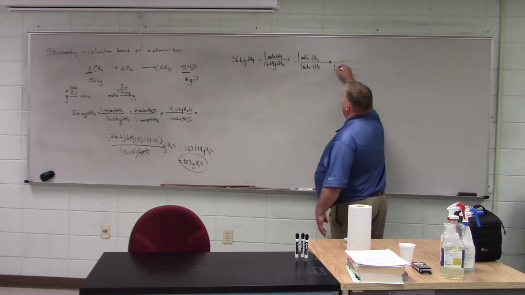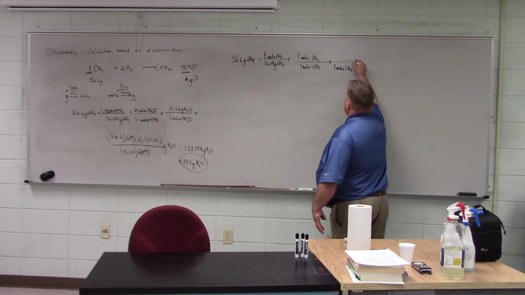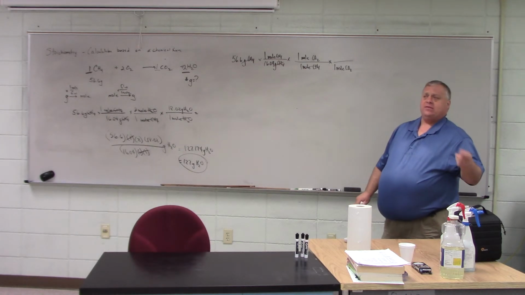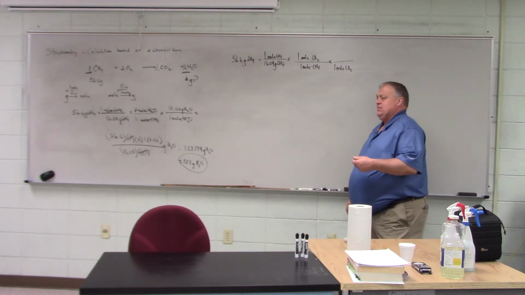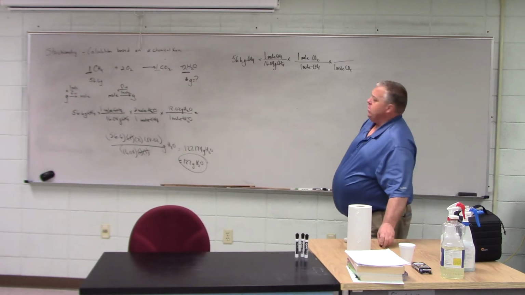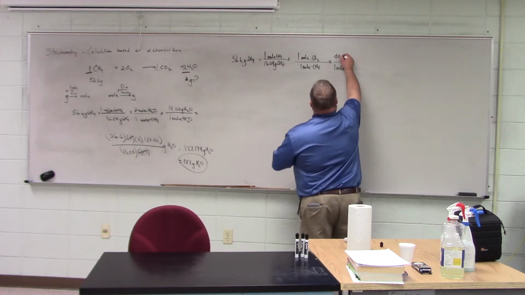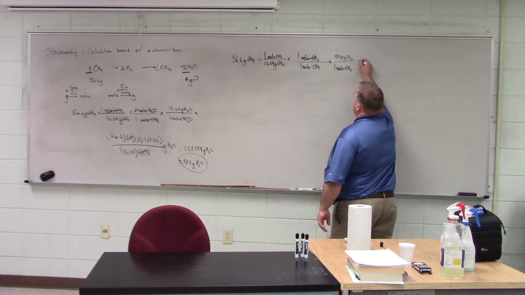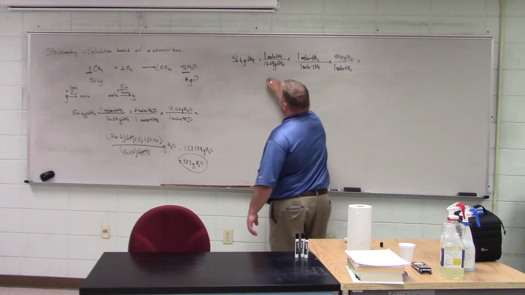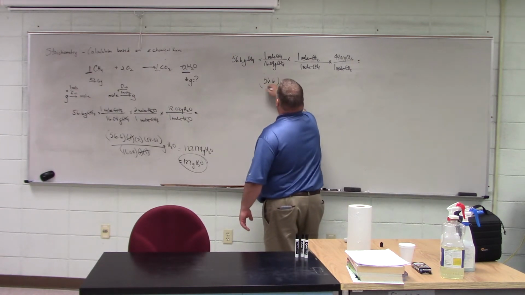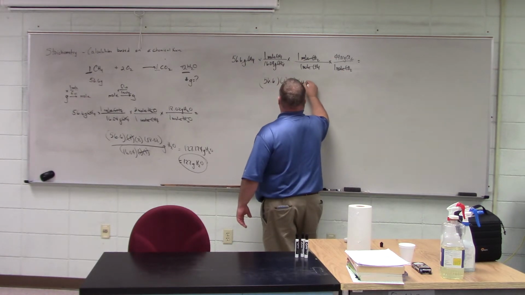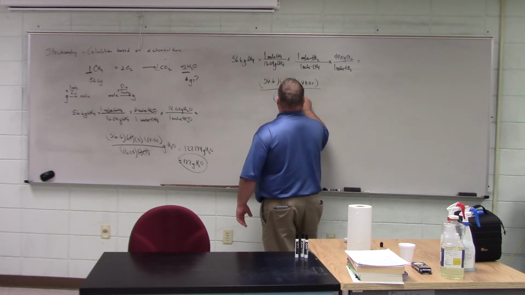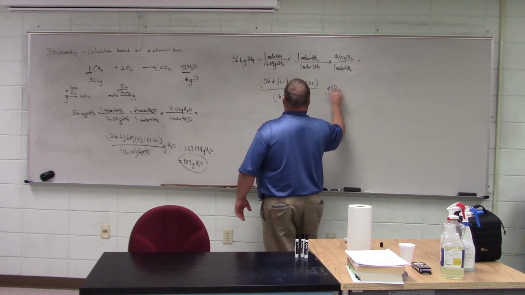Okay, now we need to go and find the weight of CO2. From the periodic table, it's got 1 carbon and 2 oxygens. Carbon is 12.01, oxygen is 16. So 16 and 16 is 32, plus 12.01, so it's 44.01 grams of CO2 per 1 mole. That will cancel. We have units of grams of CO2, so 56.6 times 1 times 1 times 44.01 over 16.04 times 1 grams of CO2. We cancel the 1s.